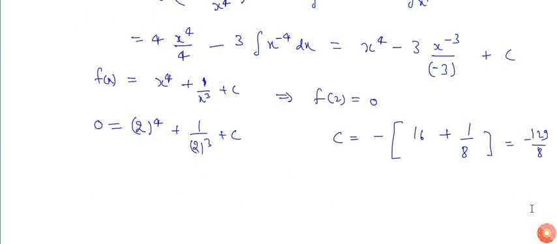So f(x), the antiderivative of the function, is unique, since c is unique. So f(x) is x^4 plus 1 by x^3 minus 129 by 8, which is our answer.